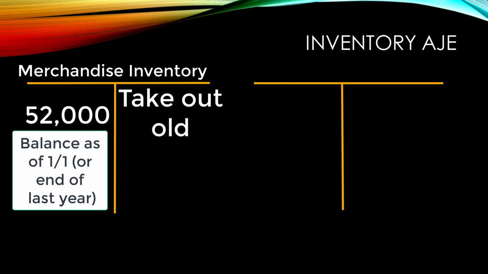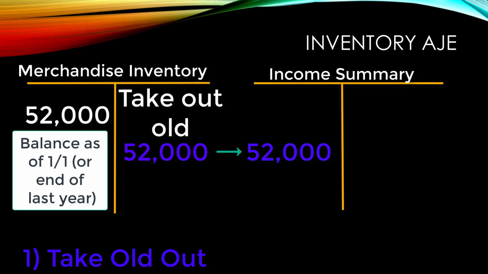Back will come income summary, that junk drawer account that we talked about previously that was used for closing and then it went away. So to take out the old inventory of $52,000, we will credit merchandise inventory and transfer the amount temporarily into income summary.